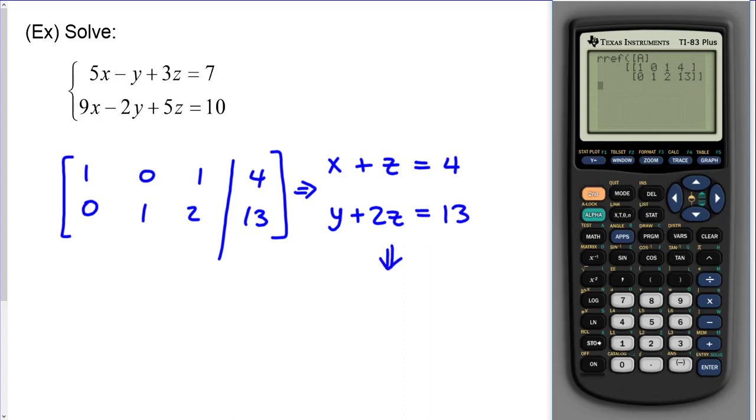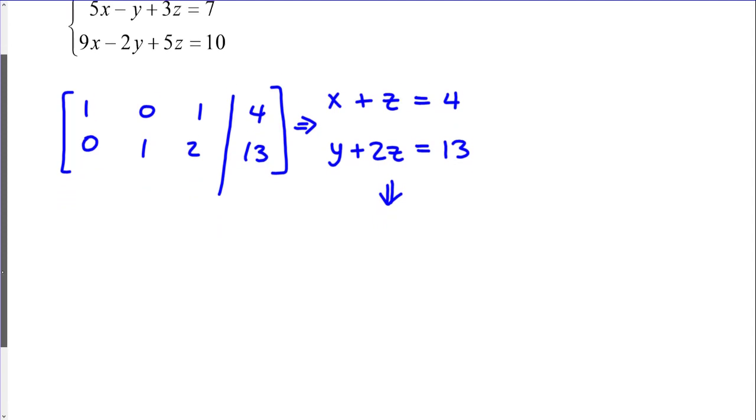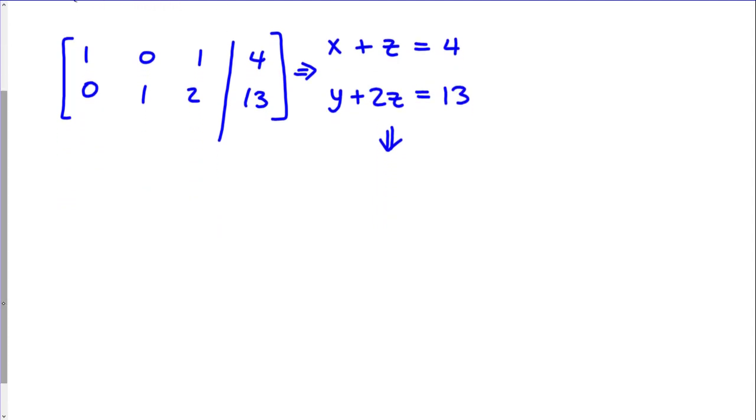Z is now arbitrary, or it's a free variable as we called it in the last example. So in order to express my solution, in order to parameterize this, I'm going to solve the first equation for x, the second equation for y, and get that free variable onto the other side of the equations.